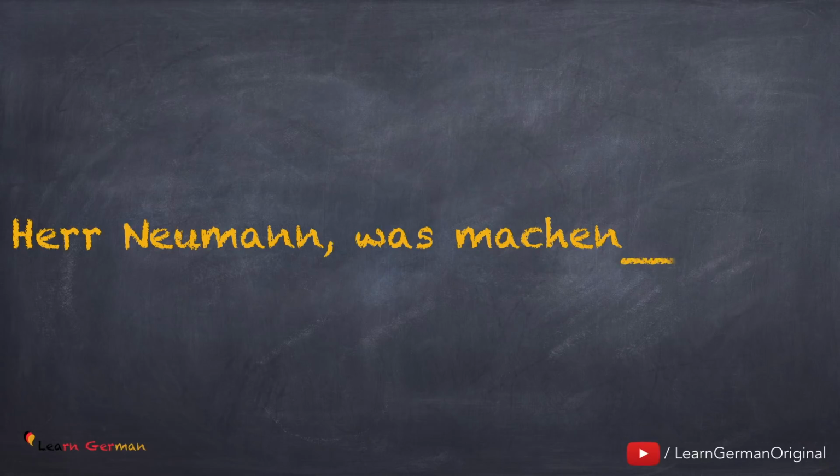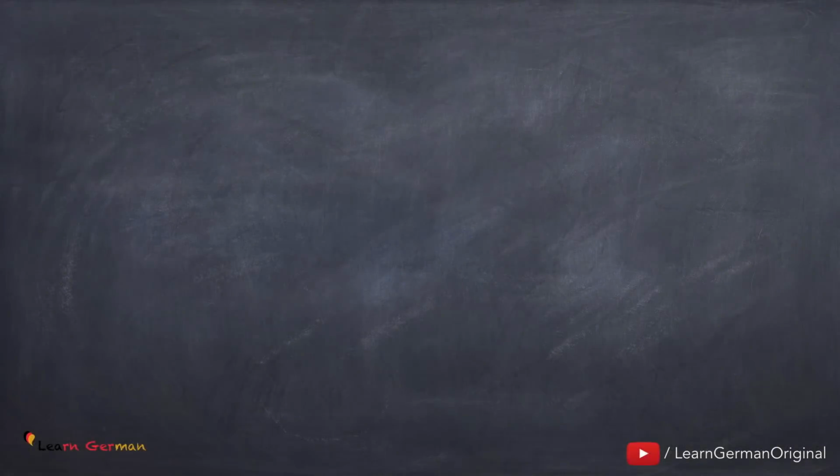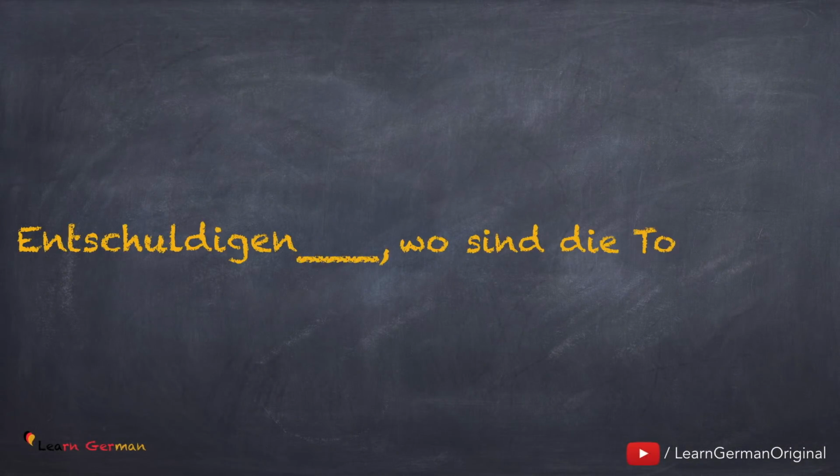Let's look at the next one. And the answer is, Herr Neumann, was machen Sie hier? And now the last one. And the answer is, entschuldigen Sie, wo sind die Toiletten?